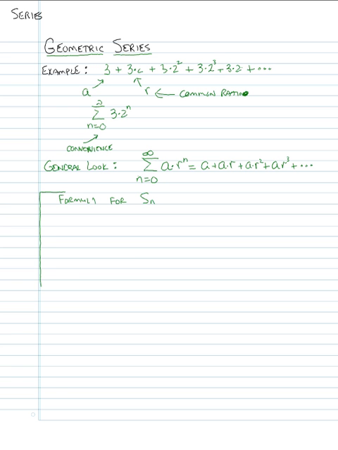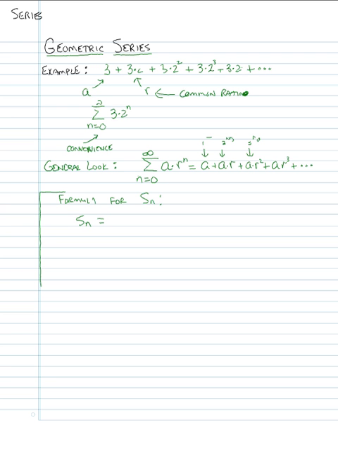That's what I want to come up with. And so here's what I'm going to do. If we look at S sub n, S sub n means we add up the first n terms. And so this is the first, this is the second, as we look up here, this is the third.